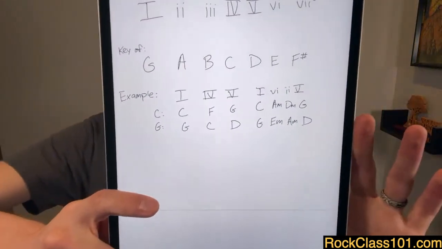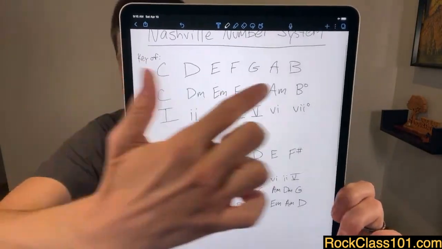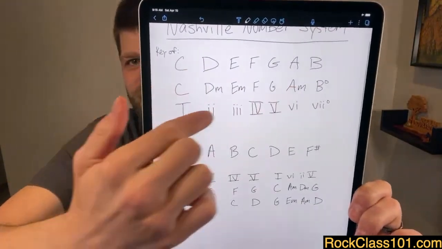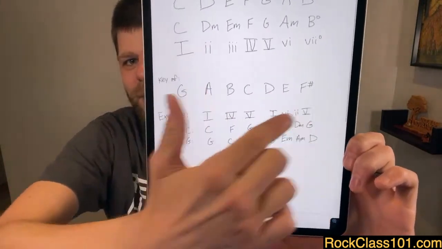So that looks something like this. Now, this might look like a math assignment, but if you see, we can make do, right? The key of C, for instance, we have those chords and then those Nashville number systems, and then we can see with these and go on from there, right?